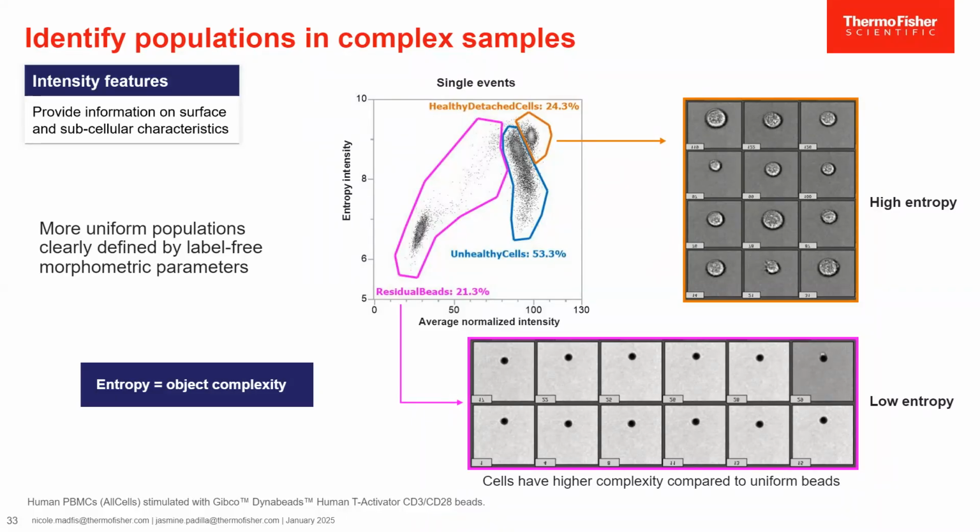You can see how healthy cells have higher average normalized intensity compared to beads and unhealthy cells, which may have more dark spots. You are viewing how the model has created a hierarchy within the sample using thousands of images. This analysis is label-free and does not require the use of fluorescence or scatter parameters.